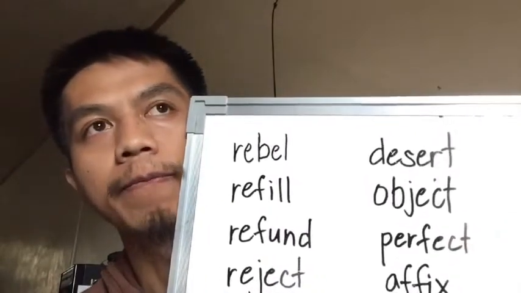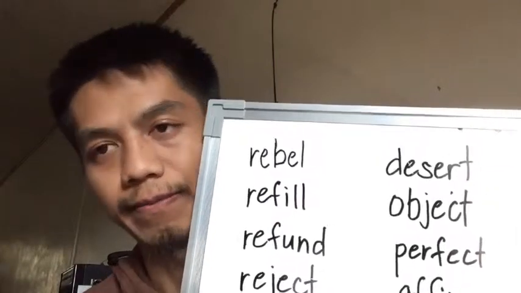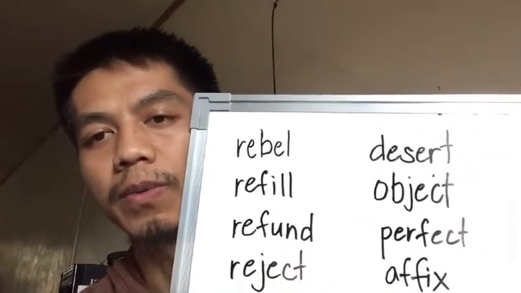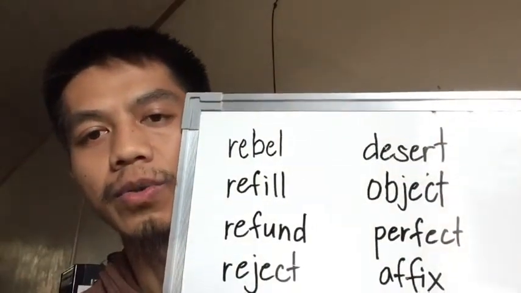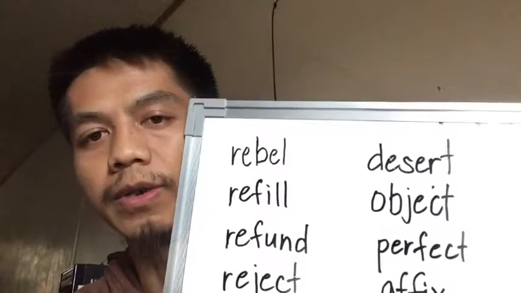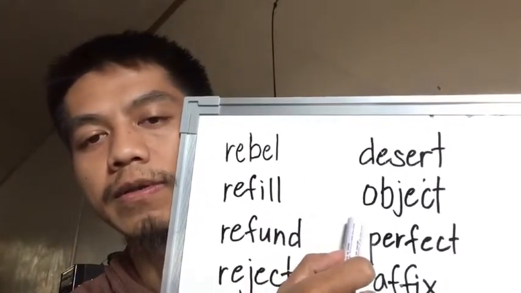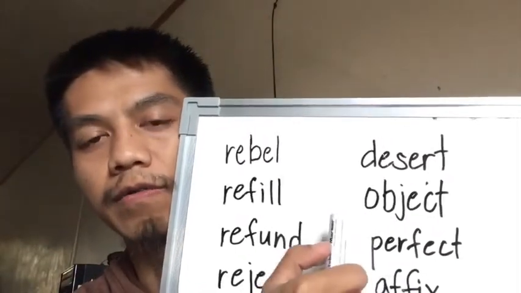When I say this object is hard, I'm talking about the noun object. But when I say I always object to his proposals, I always object to a politician's proposals, that means the word I'm using, object, is a verb.